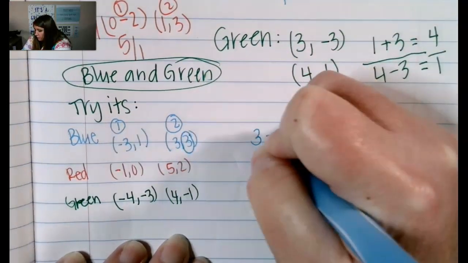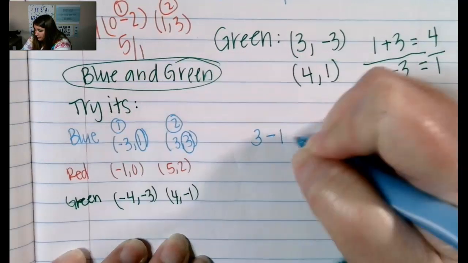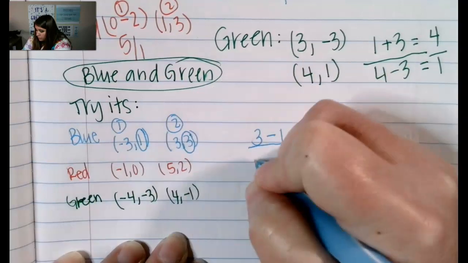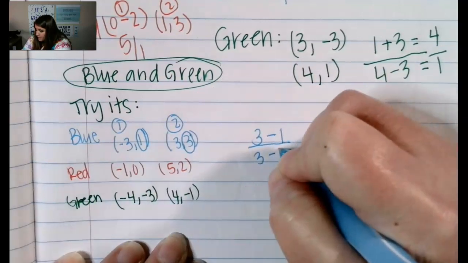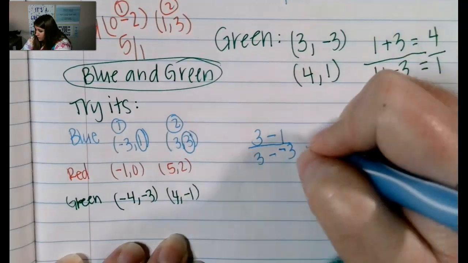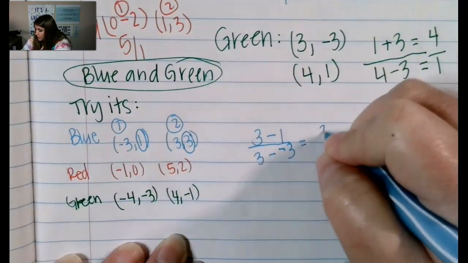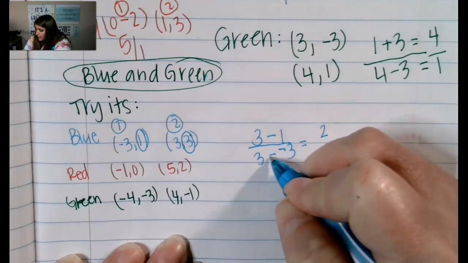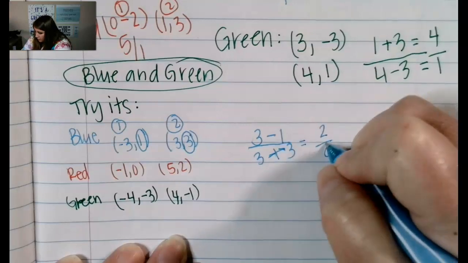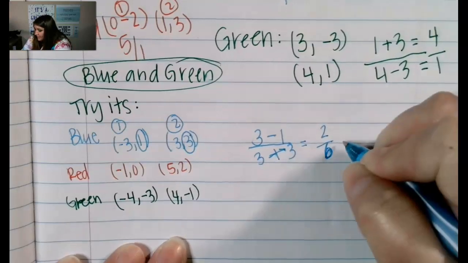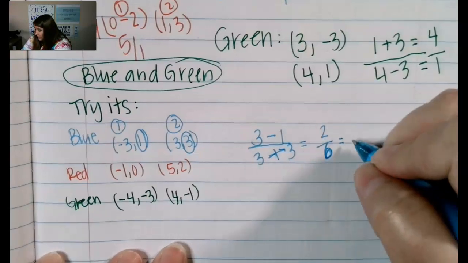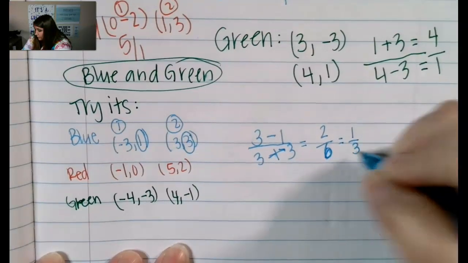So I have 3 minus 1 over 3 minus a negative 3 for the x. Okay, so let's solve. 3 minus 1 is 2, and 3 minus a negative 3 gives me, oh no, Miss Englander, we're adding, 6. So 2 over 6, or we can simplify 2 over 6 as 1 over 3.